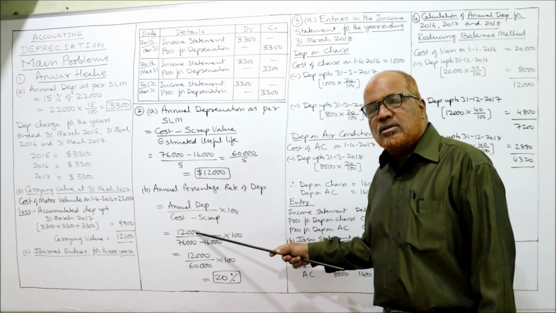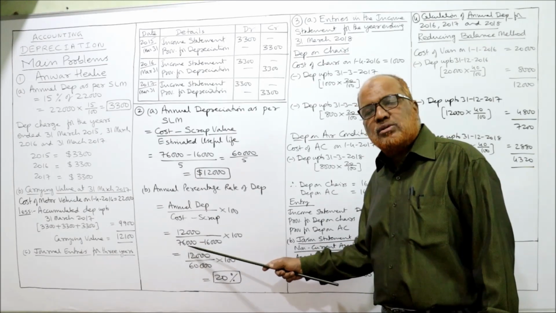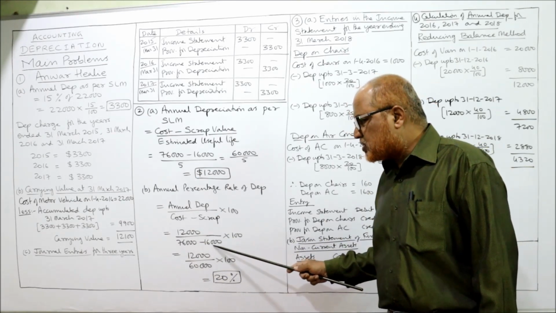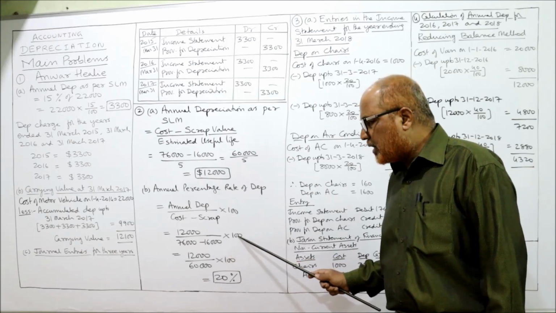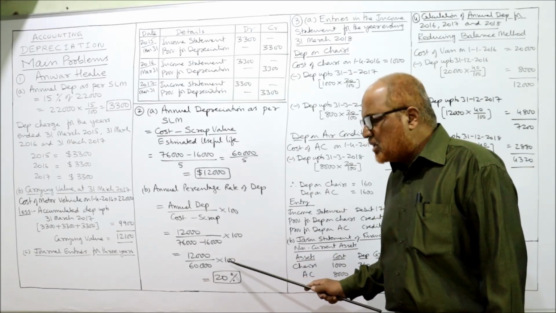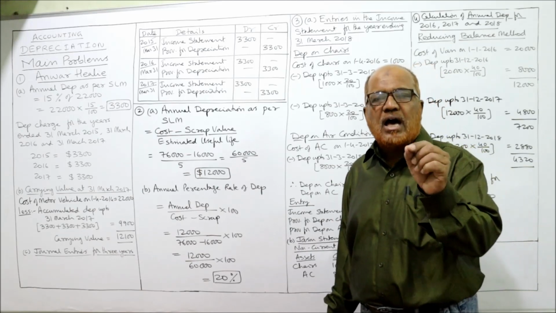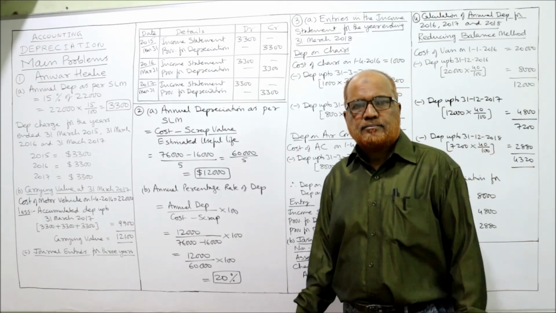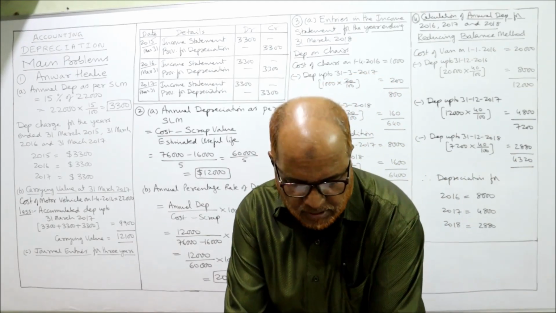So 12,000 divided by 76,000 minus 16,000, where 76,000 is the cost and 16,000 is the scrap, into 100. So 12,000 by 60,000 into 100, 20% is the annual percentage of depreciation. That's it, so 2 problems completed.